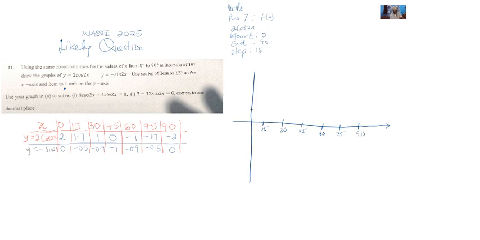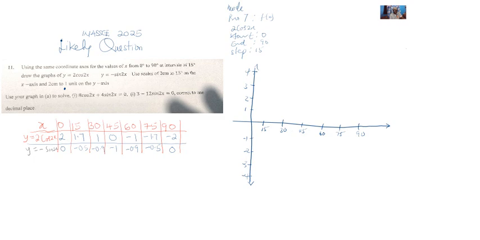Then I have 1, 2, 3, 4. Then we have 1, 2, 3, 4 negative values. So from here, you have to plot the value.